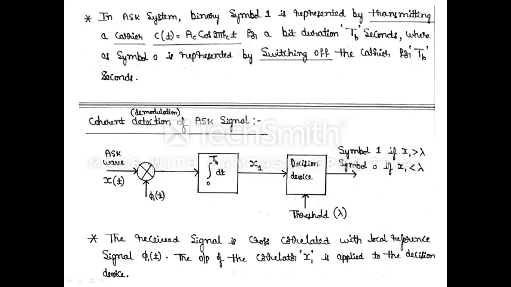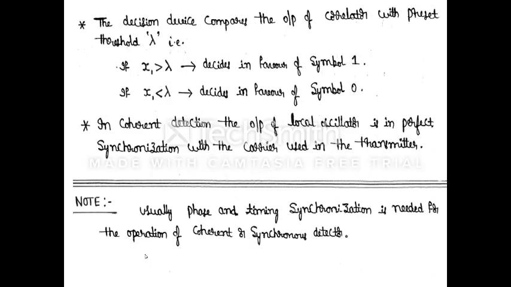The received signal is cross-correlated with the local reference signal phi 1 of t. The output of the correlator, x1, is applied to the decision device. The decision device compares the output of the correlator with the preset threshold. If x1 is greater than lambda, the decision is in favor of symbol 1. If x1 is less than lambda, the decision is in favor of symbol 0.